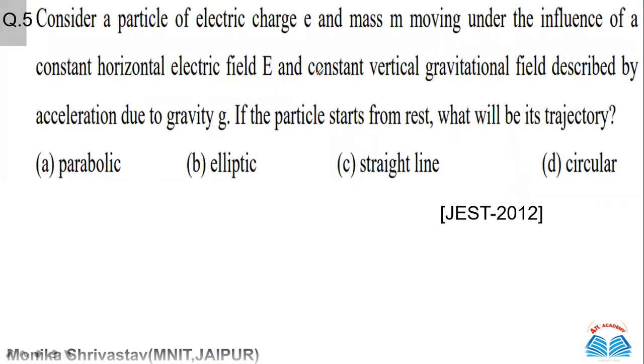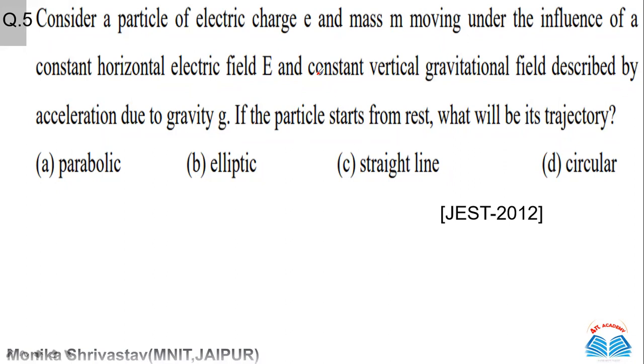Next question is: consider a particle of electrical charge e and mass m moving under the influence of a constant horizontal electric field E and a constant vertical gravitational field described by acceleration due to gravity g. If the particle starts from rest, what will be its trajectory?